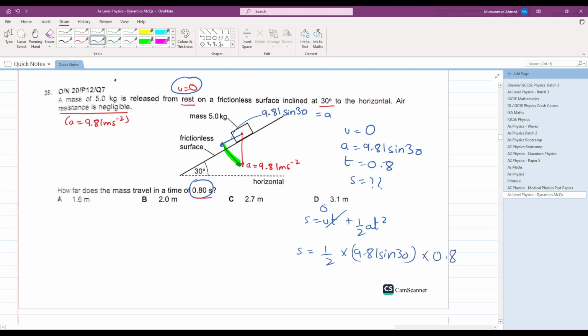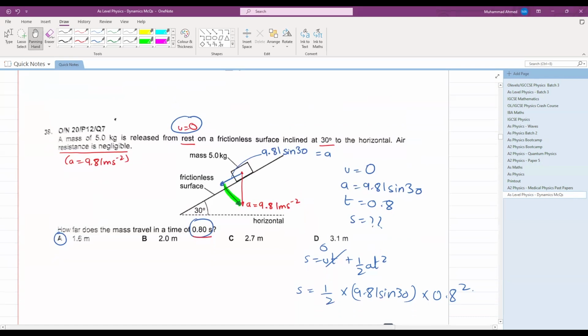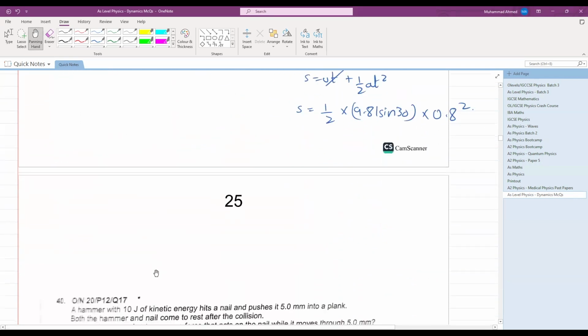Time is 0.8 squared. Let's calculate it. 9.81 sin 30 into 0.8 whole squared divided by 2. This gives you an answer of 1.56, that is 1.6 meters. This question is 24, and if on the back side you check the answer for 24, it is A.